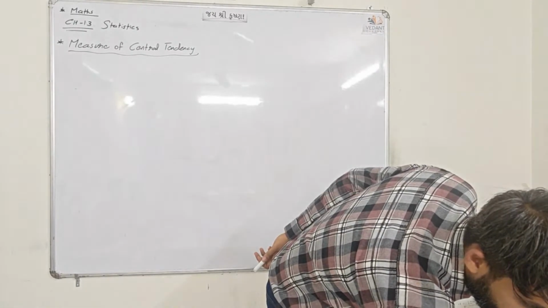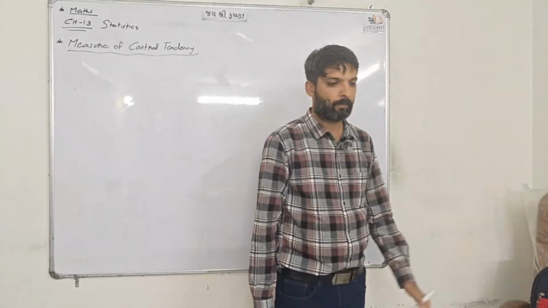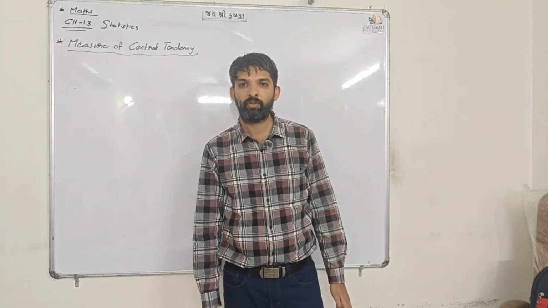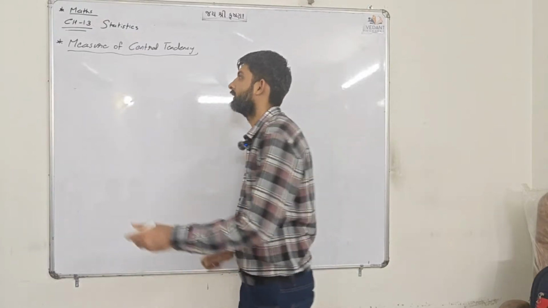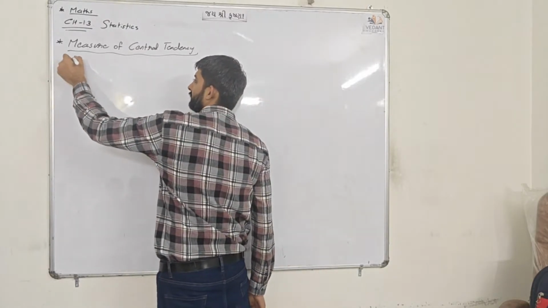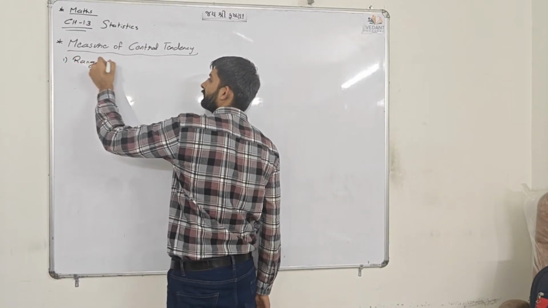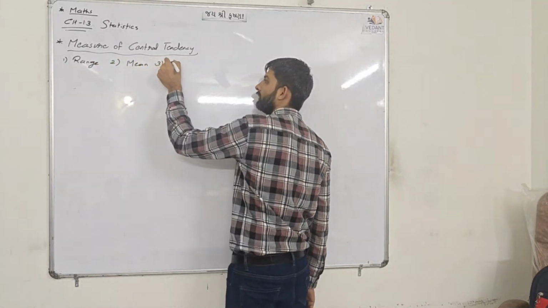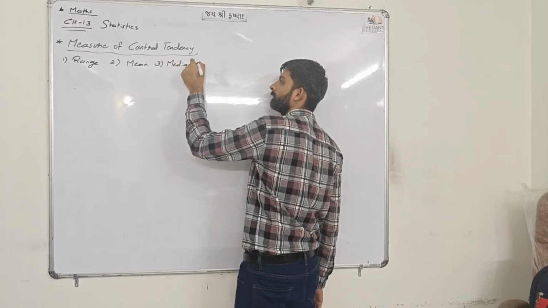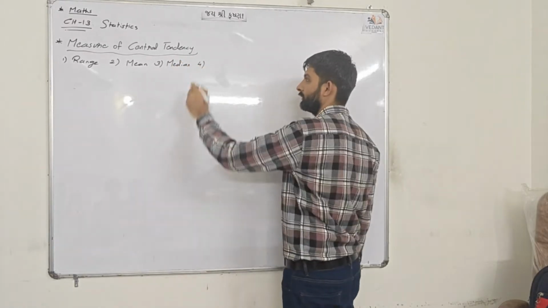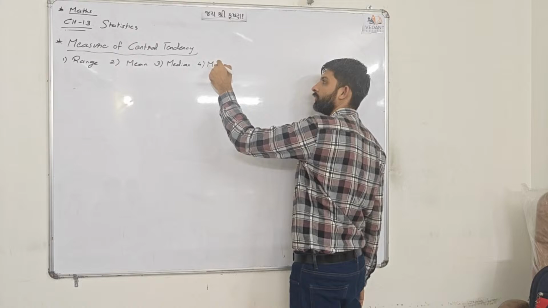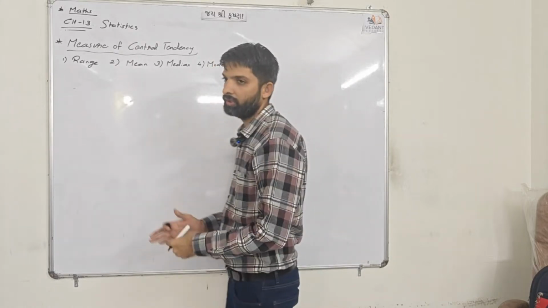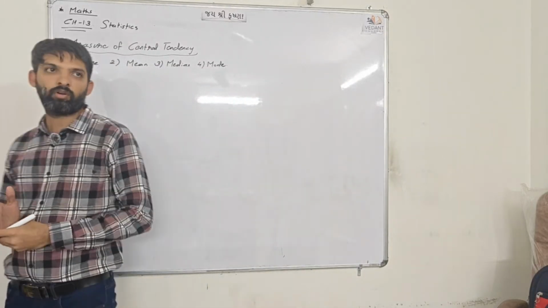Measure of central tendency. And one of you might be knowing. No? First is range. Second is mean. Third is median. And fourth is mode. So these things we have to study for grade 10.